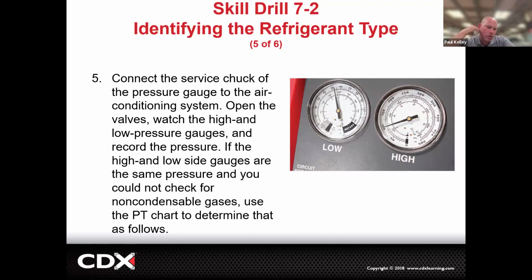The pressure temperature chart is going to be specific. So if it's R12, at, let's say, 100 psi, it would be right around like 90 degrees out. If it was R134A and 100 psi, it should be 100 degrees out. If it's R1234yf and it's 100 psi, it should be 110 out. So if, let's just say it's 90 out and it's 100 psi, you know that's R12.